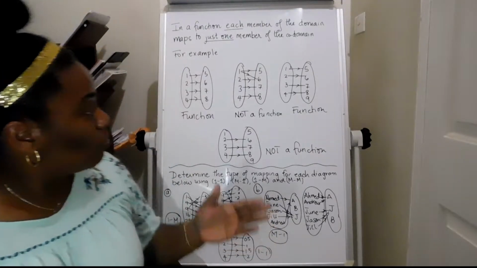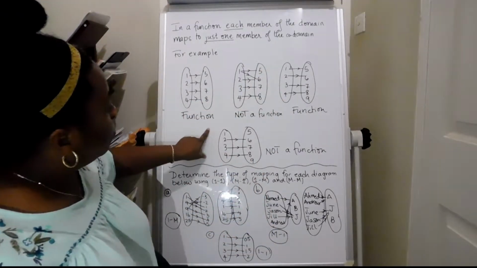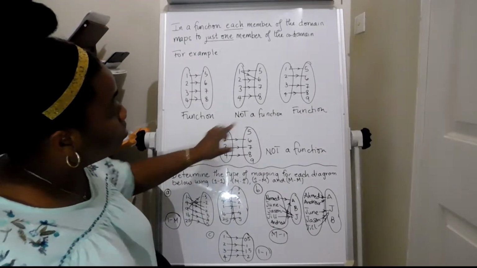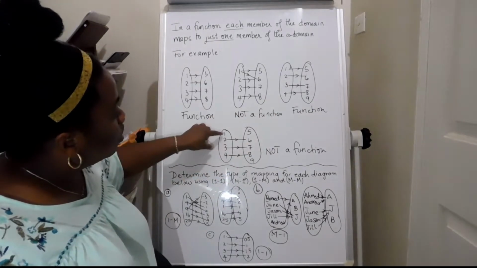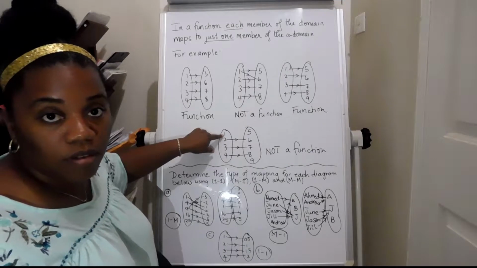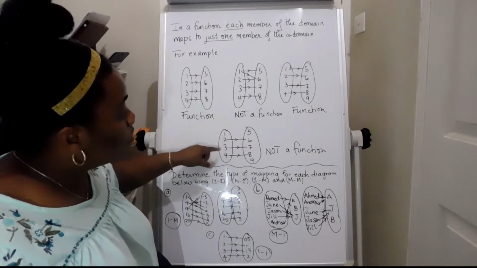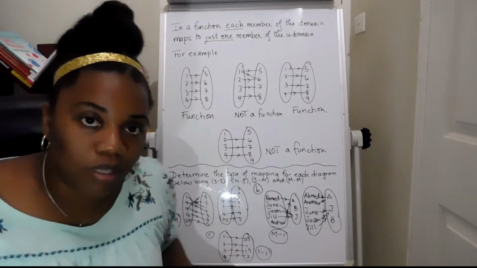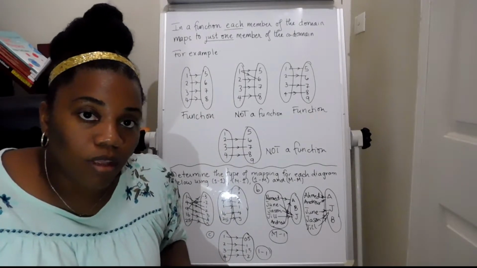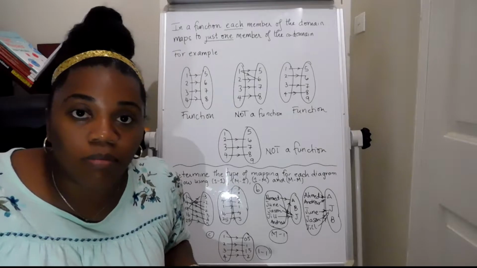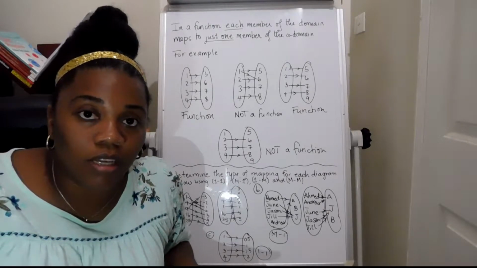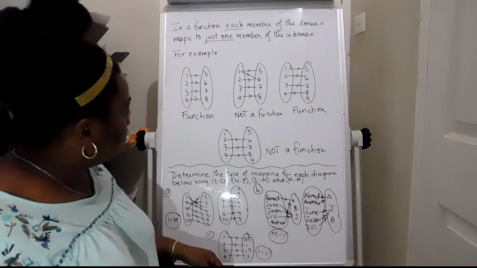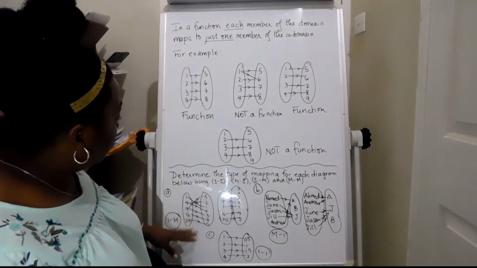Here we have an example of one that is not considered a function, but this one is, even though this element doesn't have a partner. Like I said, each element has to be mapped to an image, but not each image has to be mapped to an element, for the map to represent a function.